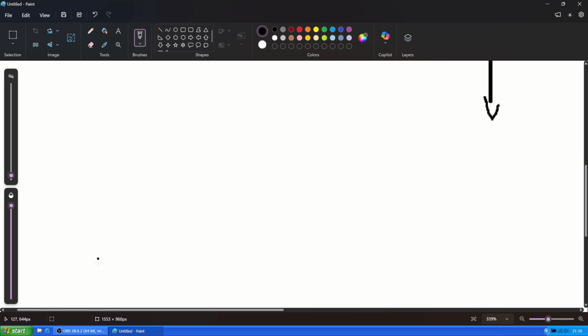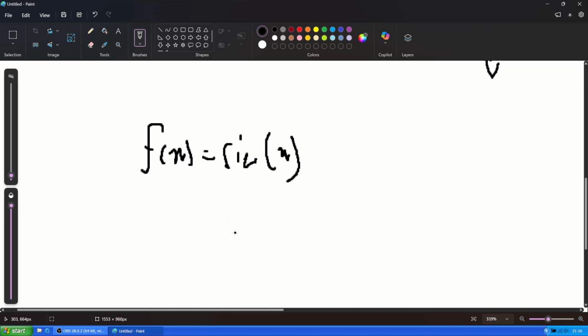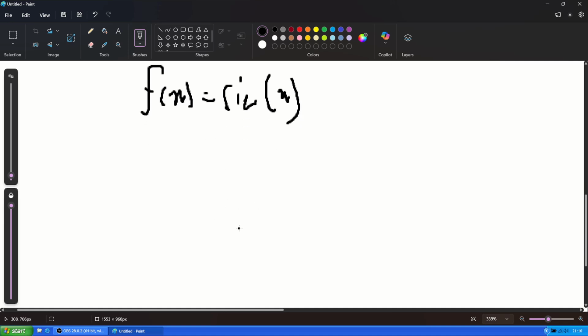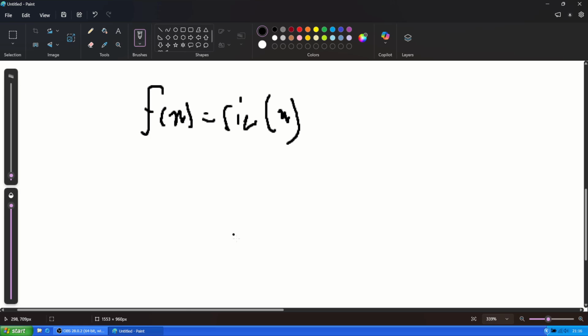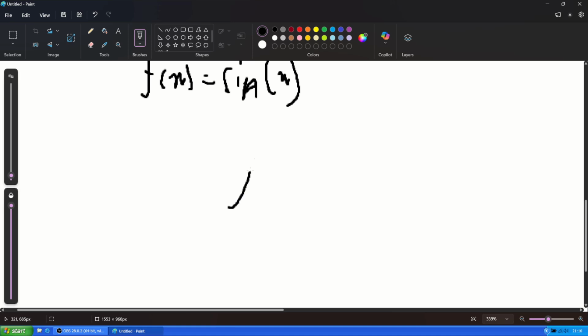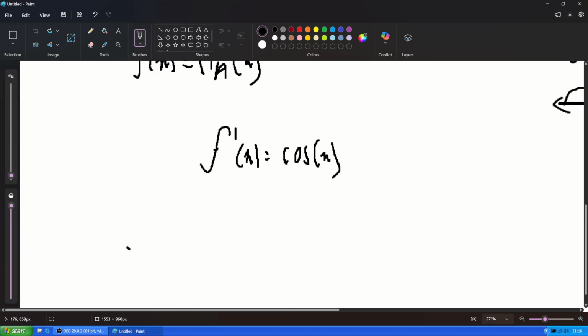So let's say we have some function f of x, and it's equal to sine of x. What's the derivative of this function? Well, we know that the derivative of f of x is equal to cosine of x. Now f of x is equal to cosine of x, and the derivative of that is equal to negative sine x.